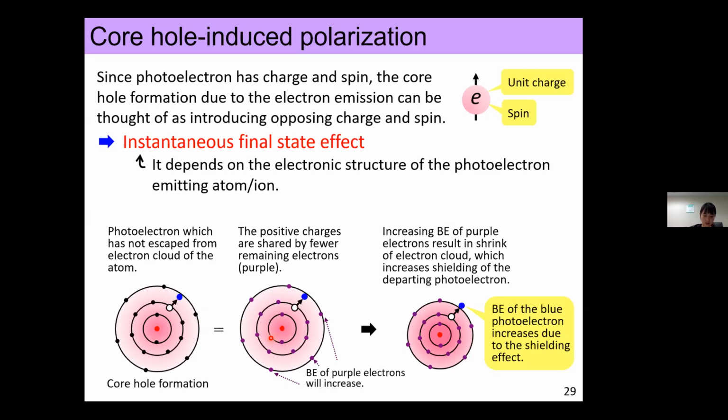As a result, the binding energy of the purple electron increases and the electron cloud shrinks like this. This increases shielding of the departing photoelectron, resulting in an increase of binding energy. This process occurs instantaneously.